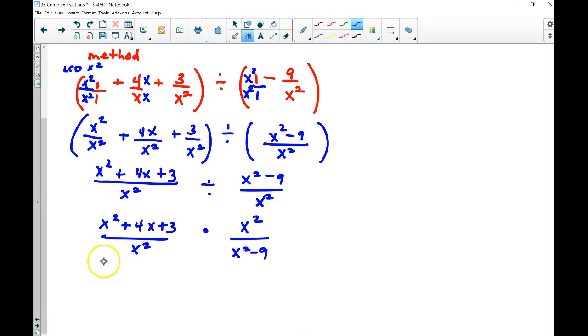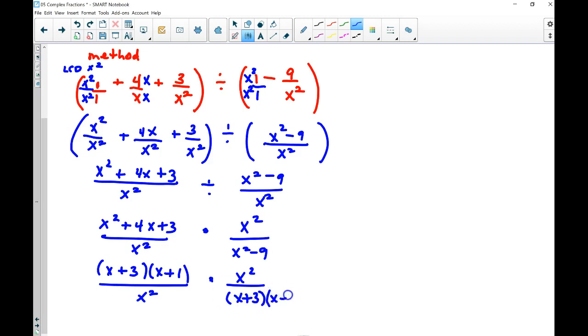I can now factor all the pieces and reduce the common terms. I would multiply across, and my final answer would be x plus 1 over x minus 3.